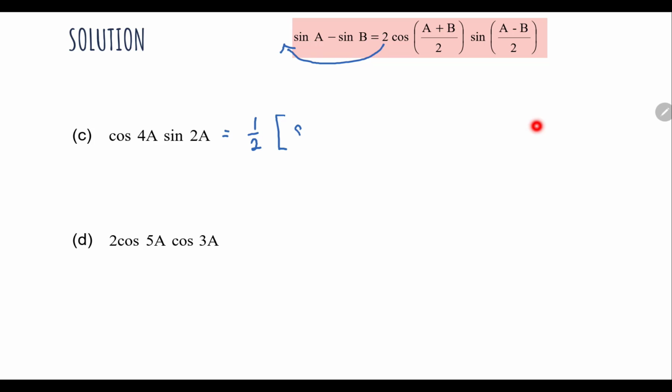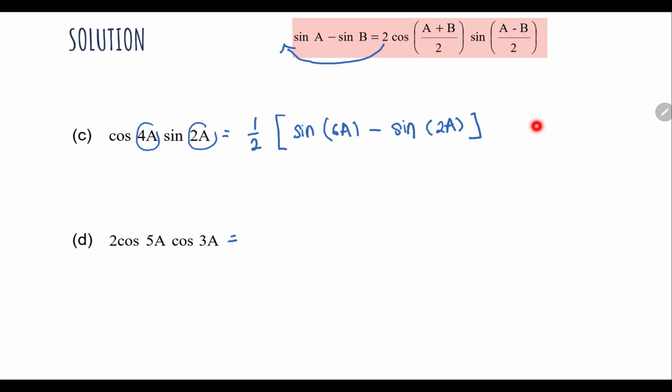And sin A is the summation of 4A and 2A, which is 6A, minus sin B. Sin B is the difference of 4A and 2A, which is 2A. As simple as that. So the answer is 1 over 2 (sin 6A minus sin 2A).